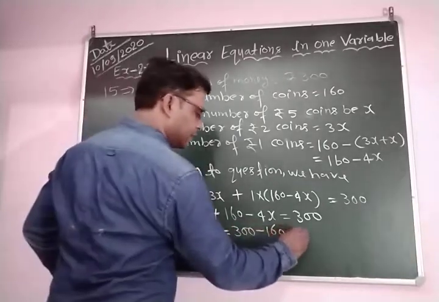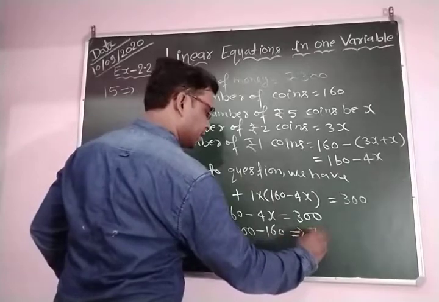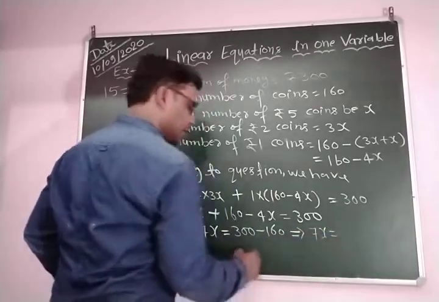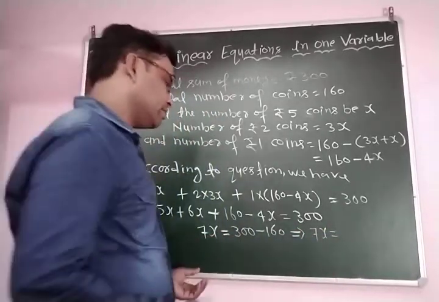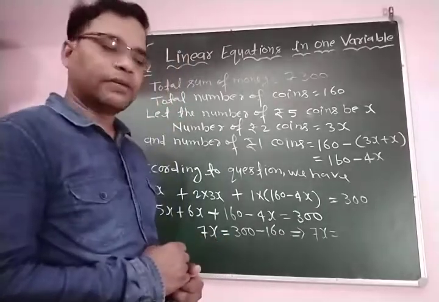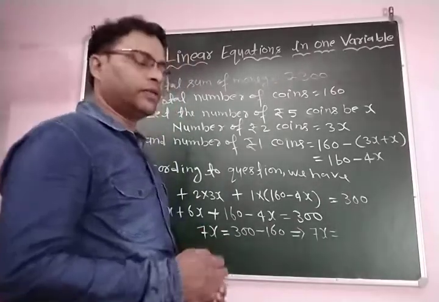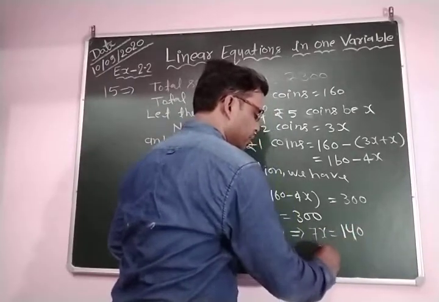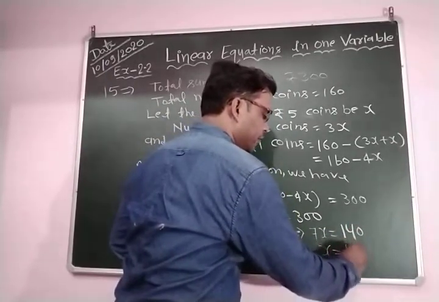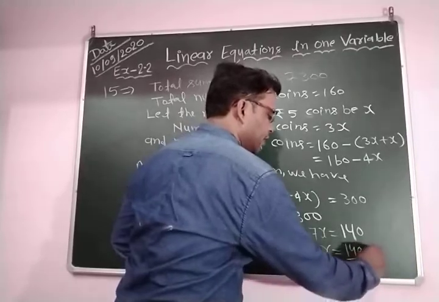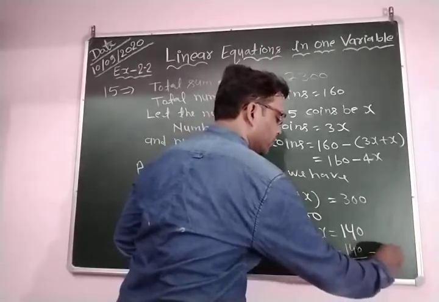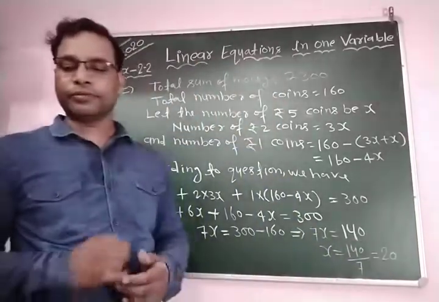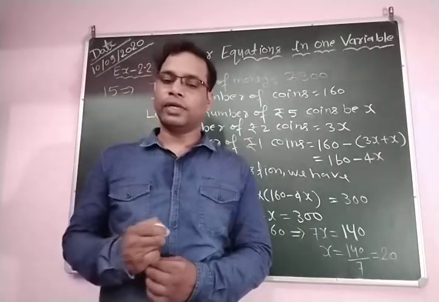So 7x is equal to 140. So x is equal to 140 by 7, the value of x is equal to 20.